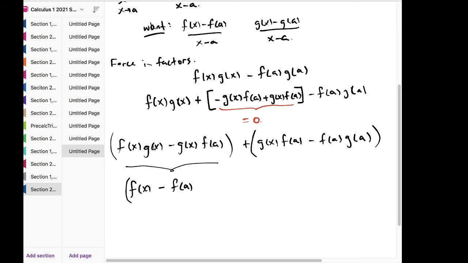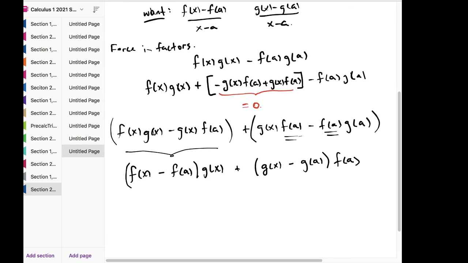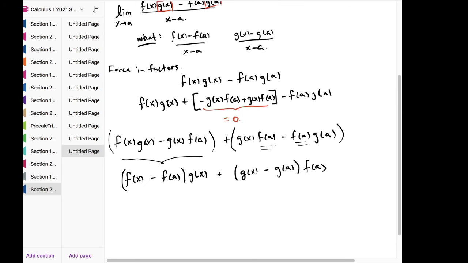Oh, how convenient. And then what do you factor out of here? Or not f of x, but f of a. But yeah. Okay, so now let's bring this back into our limit.